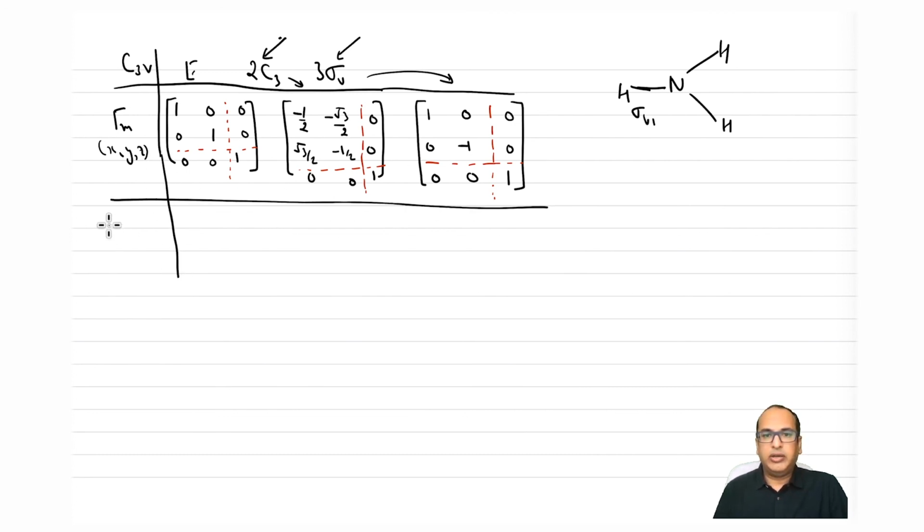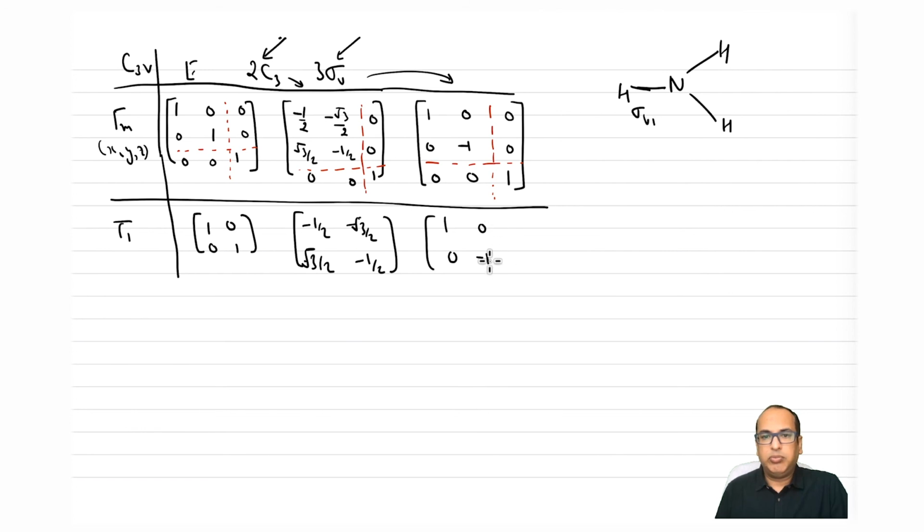So now if I divide this, I get 2 different representations. So tau 1 will be 1 0 0 1, minus half, minus root 3 by 2, root 3 by 2, minus half, and 1 0 0 minus 1, and then tau 2 will be 1 1 1.